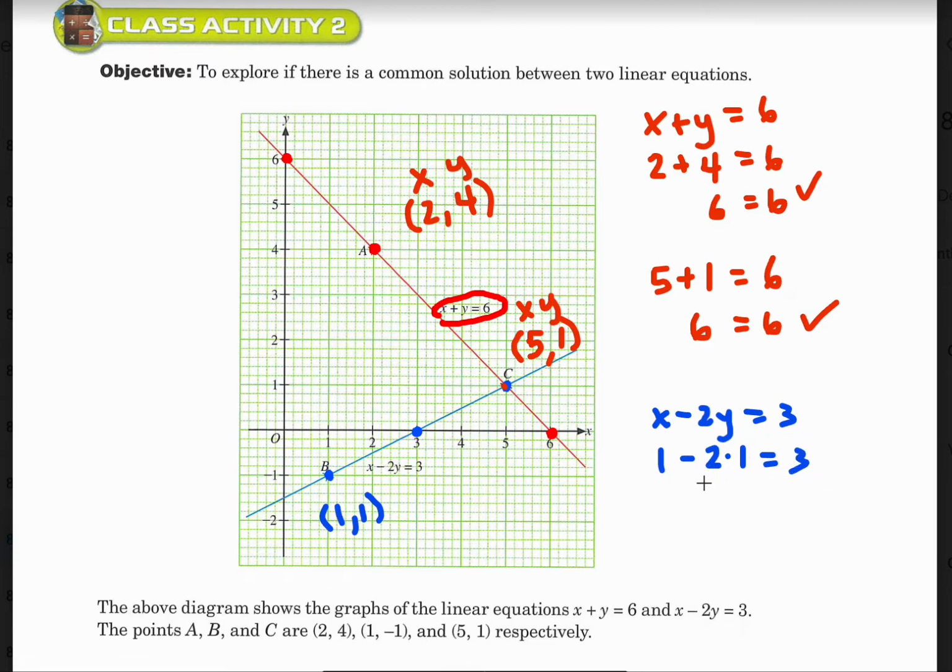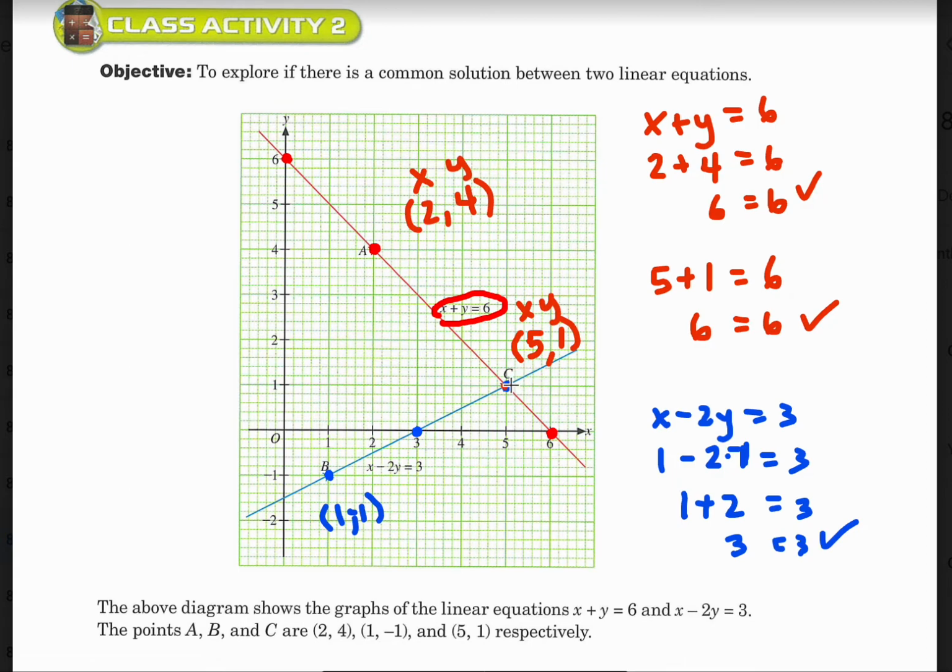PEMDAS says I need to do my multiplication first, so negative 2 times negative 1 is positive 2. So 1 plus 2 equals 3. There was a mistake earlier, but now it works, because I have the correct points in there.